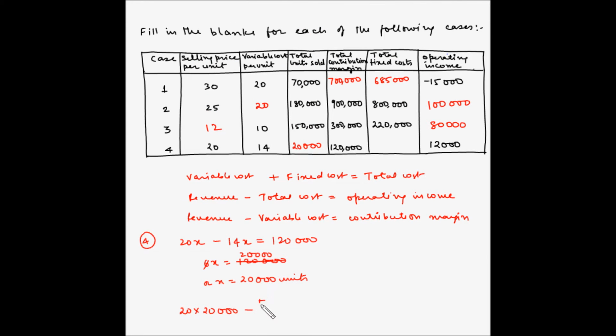So total cost is the addition of variable cost and fixed cost. Variable cost is 14 multiplied by 20,000. So 14 multiplied by 20,000 plus the total fixed cost. Let's keep that as X, and this whole thing is equal to the operating income, which is $12,000.